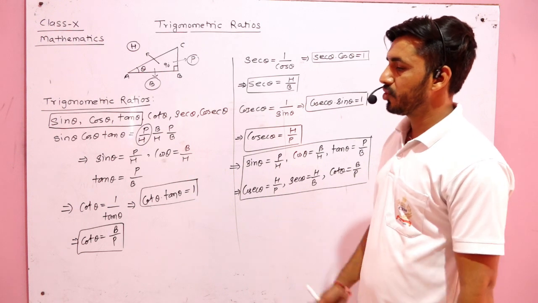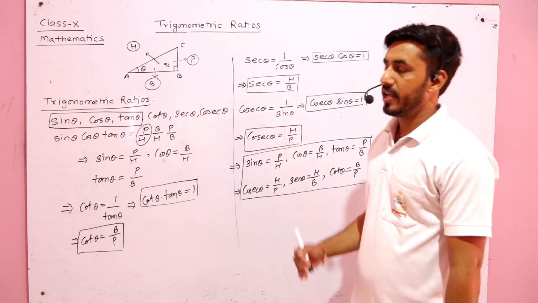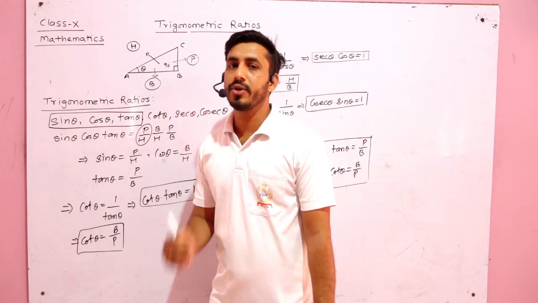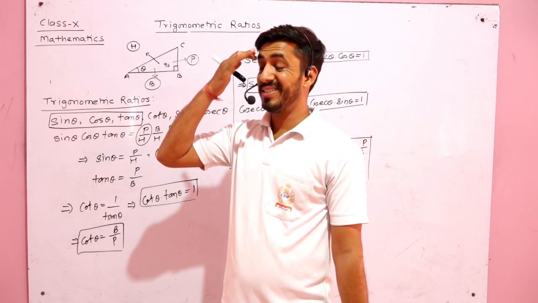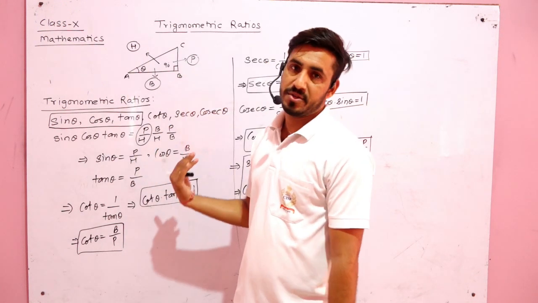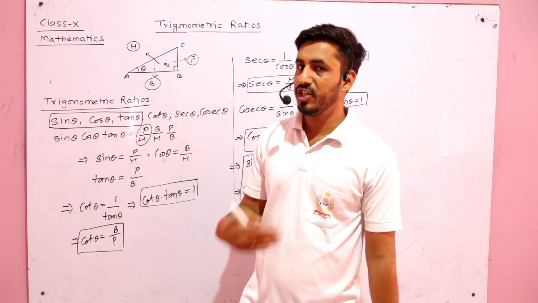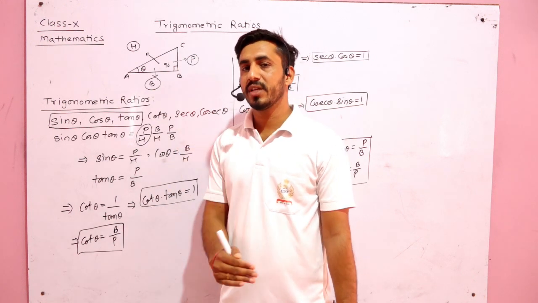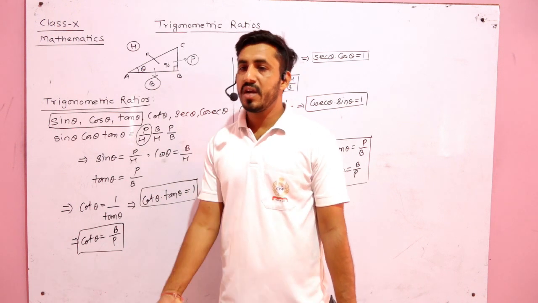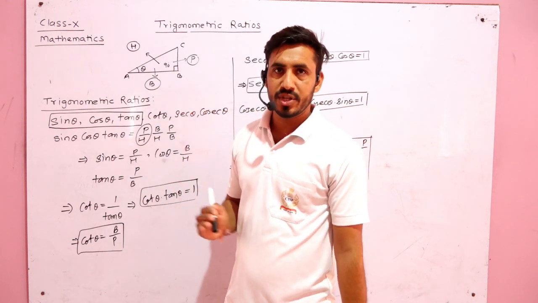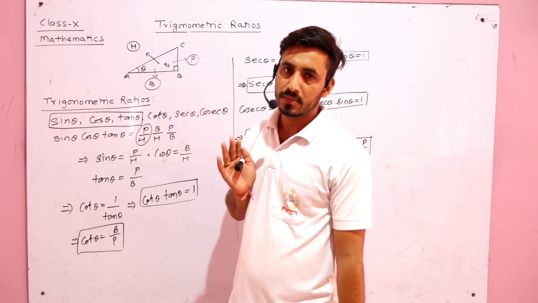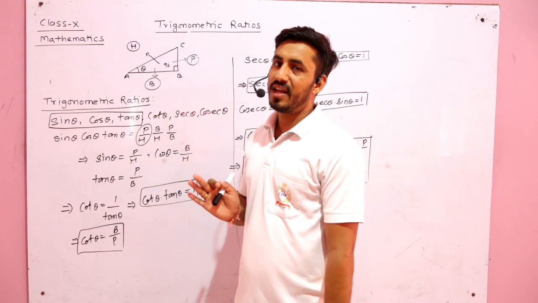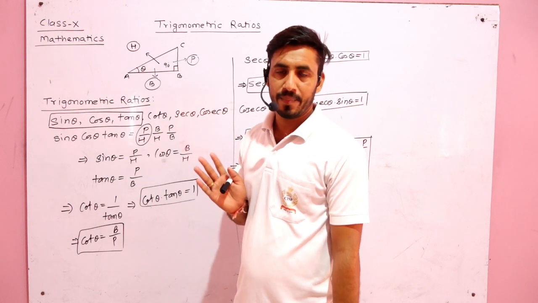If I am taking theta and I vary the values of theta from 0 degree to 90 degree, then what is the effect on the three sides? If theta is varied from 0 degree towards 90 degree, then what will be the values of these trigonometric ratios? Okay, then first we will have to study the triangle which has a 0 degree angle.